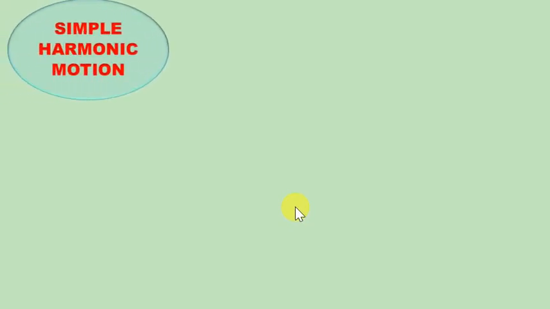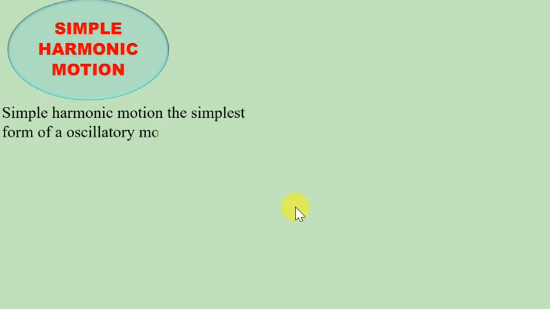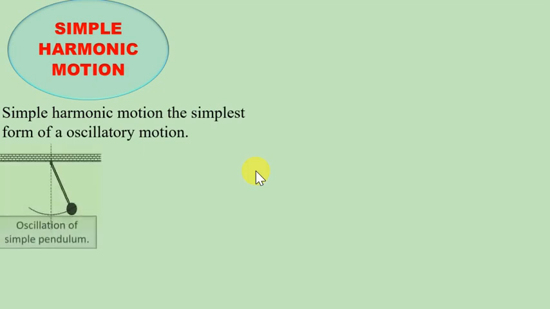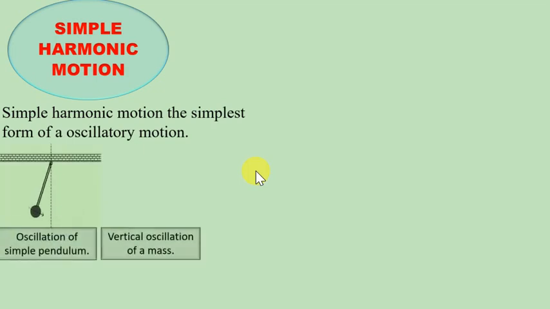Simple harmonic motion is the simplest form of oscillatory or vibratory motion. It is a periodic motion. Look at a very good example. Oscillation of a simple pendulum, swinging to and fro, back and forth about the center, called a rest position or equilibrium position or fixed position.